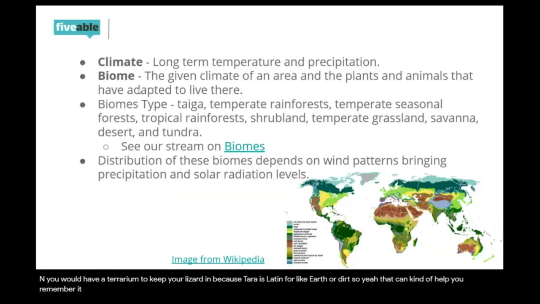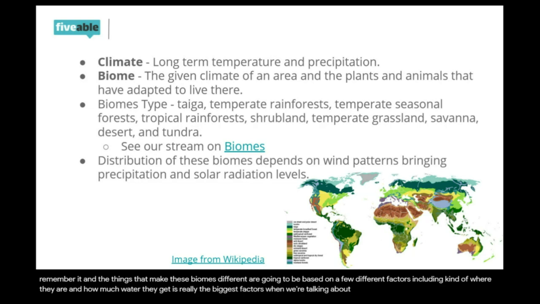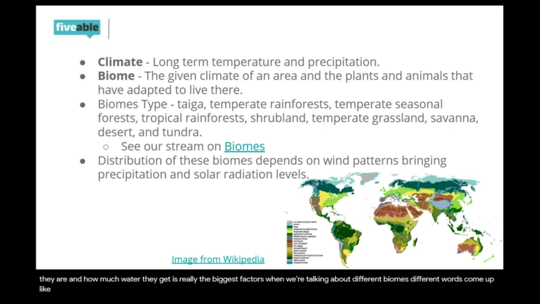Terrestrial is land. The things that make these biomes different are based on a few different factors, including where they are and how much water they get, which are really the biggest factors. When we're talking about different biomes, words like climate and weather come up.